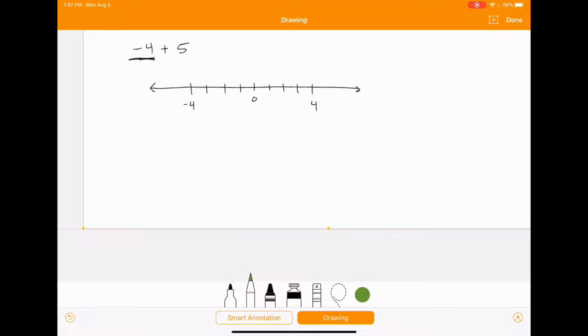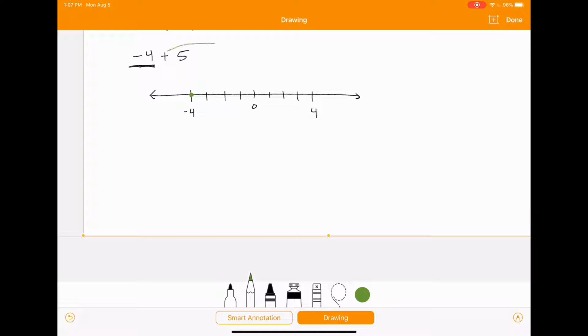So we're going to start here, and we want to add 5 to it. So when we're adding, we move right. If we're subtracting, we're going to move left. So starting at -4, adding 5. So we're going to move to the right 5. So we've got 1, 2, 3, 4, 5. So that's going to equal 1.